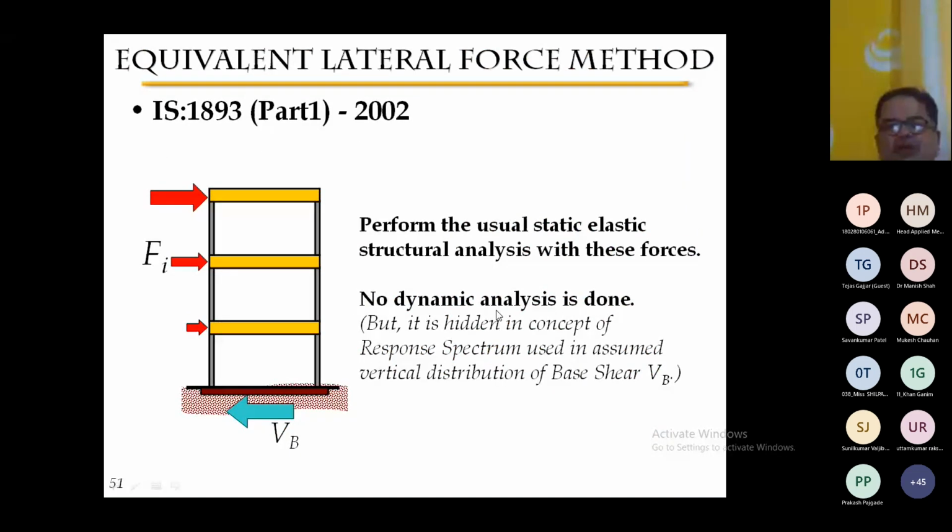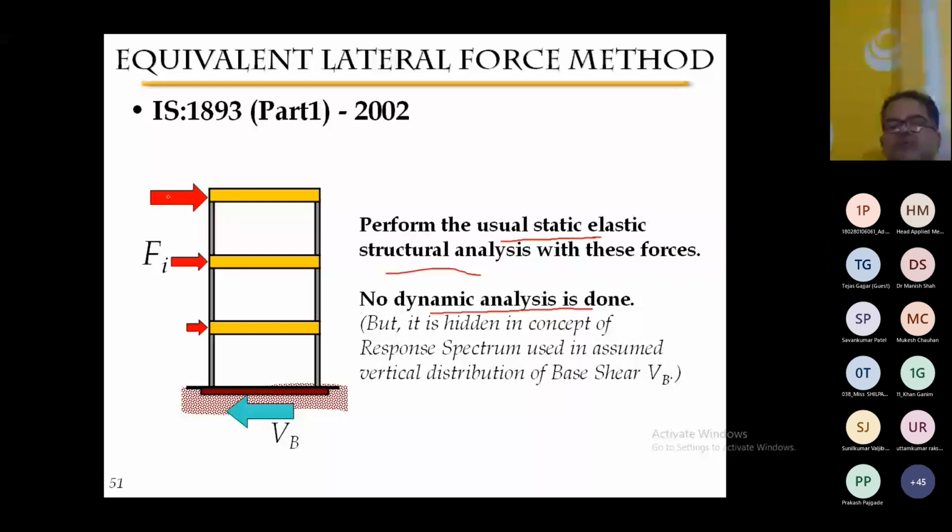So what we are doing, we are simply performing the usual static elastic structure analysis, right? No dynamic analysis involved. I tell you, no dynamic analysis is done here. But this is the most important part. It is hidden in the concept of response spectrum used in the assumed vertical distribution of the base shear, right?